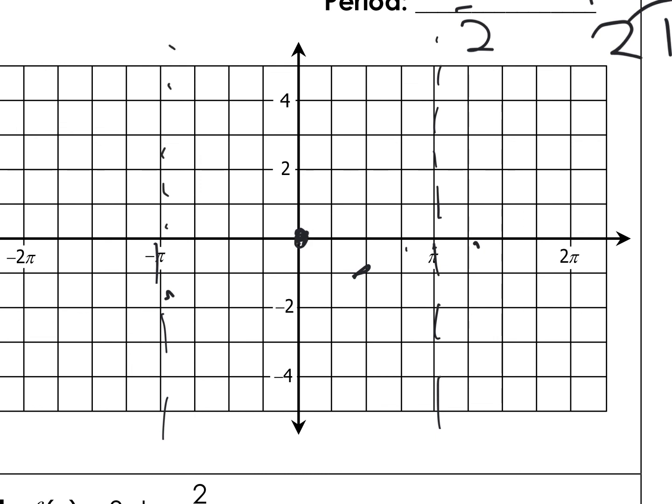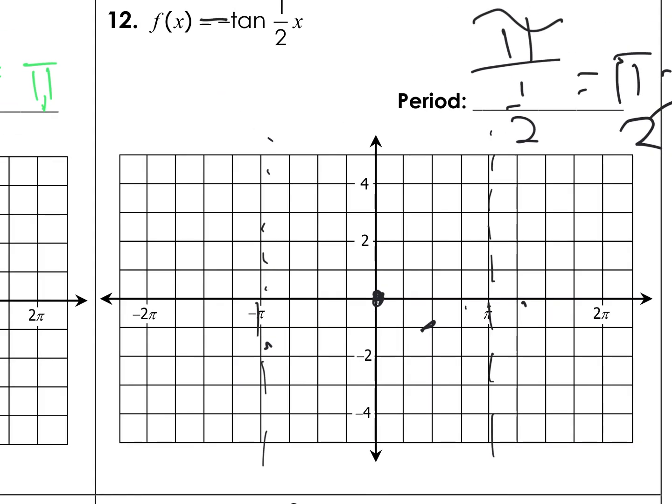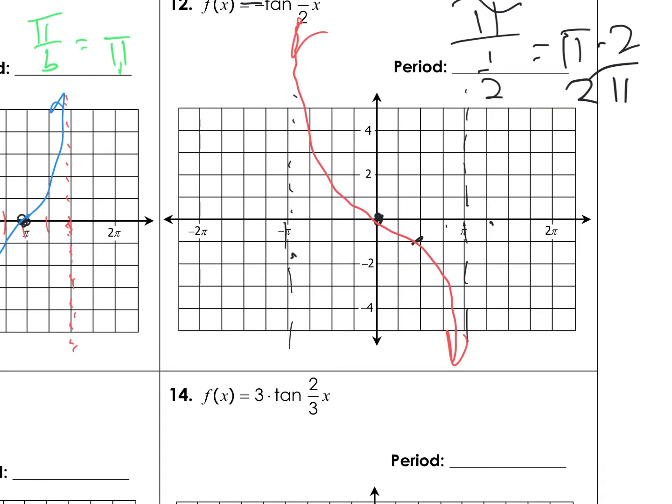Start in the middle. Do I start from the bottom or do I start from the top? Oh, it's from the top. Why? It's a negative tangent. Here goes from the top. Pretend you're writing the asymptote. Come in, hit the 0, 0, and boom. Look at that beautiful tangent. Now, unfortunately, it took me 1, 2, 3, 4.